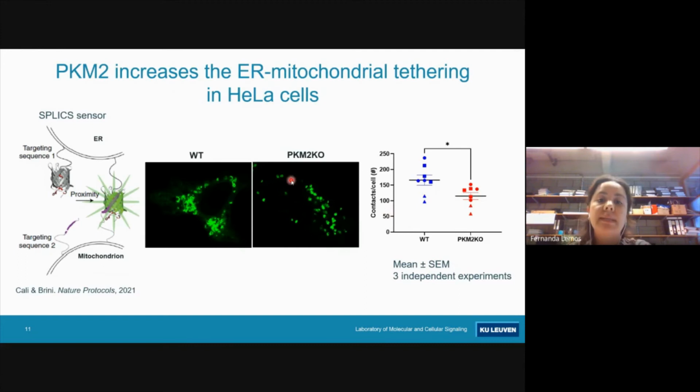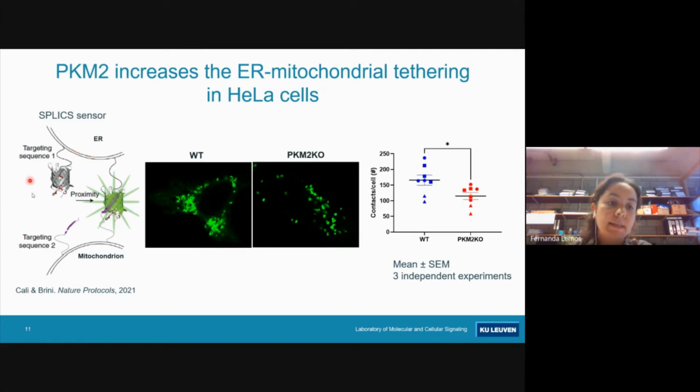To do this, we started checking the ER mitochondrial tethering in these HeLa cells. Specifically for this experiment, we used the SPLICS sensor. It's a really elegant way to check the MERCs, the proximity between ER and mitochondria.